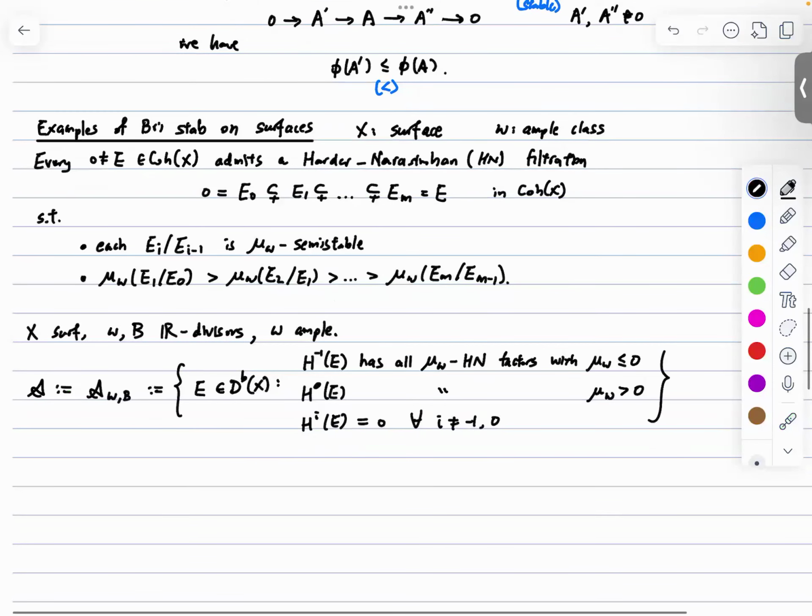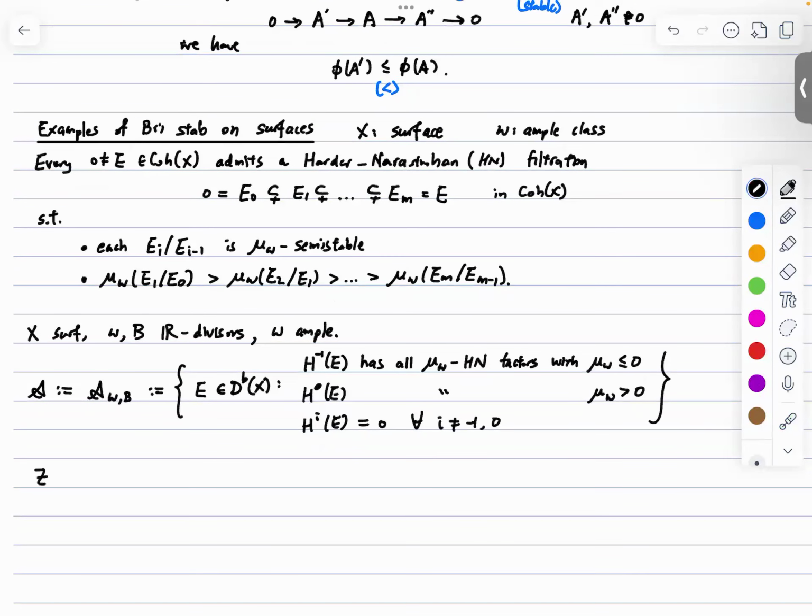And now, what about the group homomorphism Z?